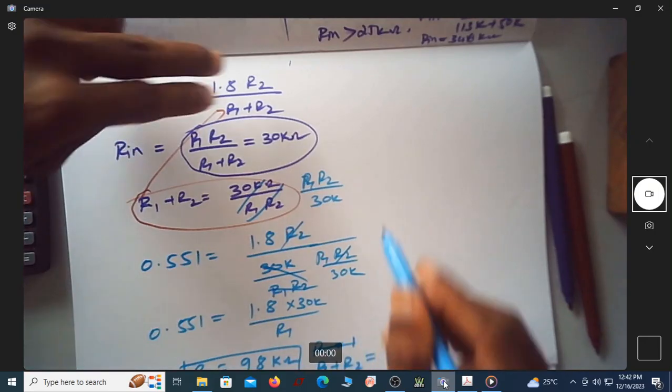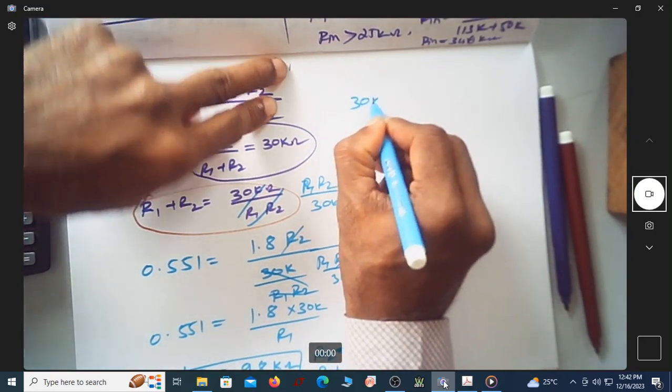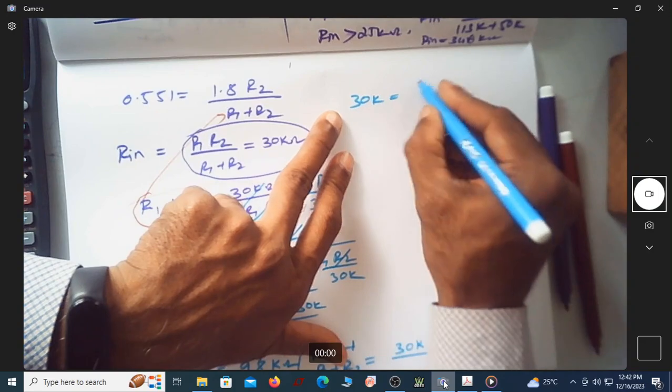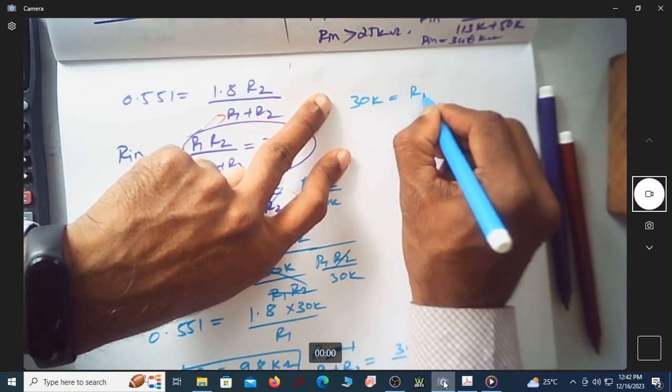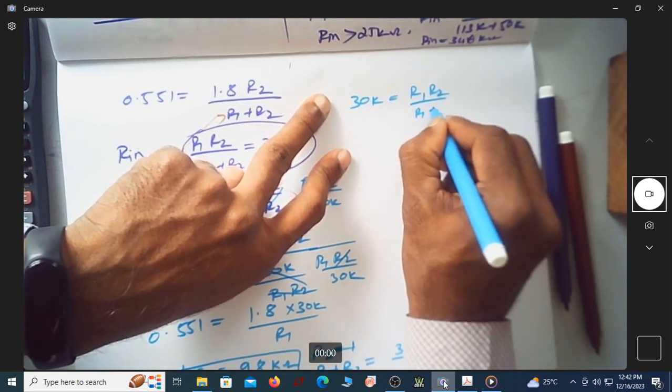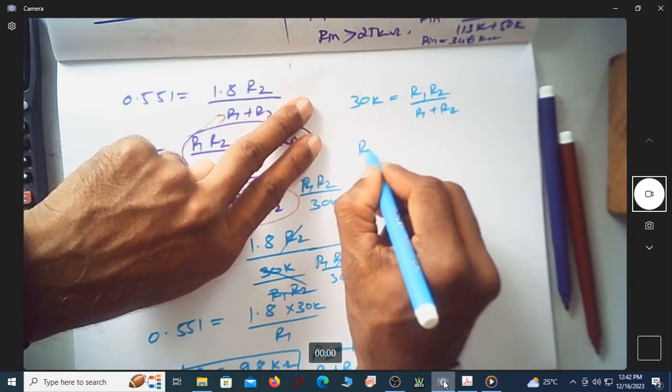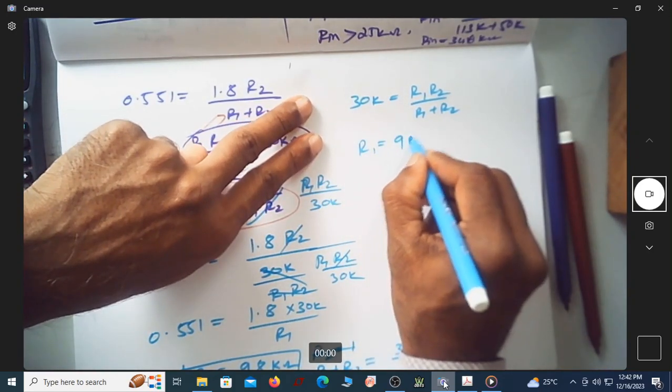Now this 30k is R1 parallel R2, is it not equal to R1 R2 by R1 plus R2? In this R1 is equal to 98k.